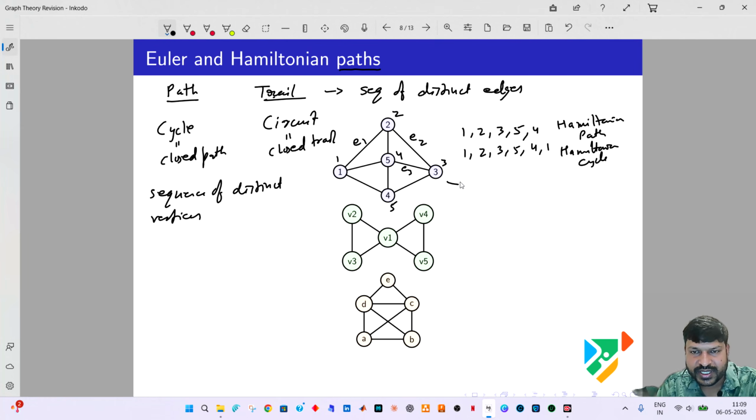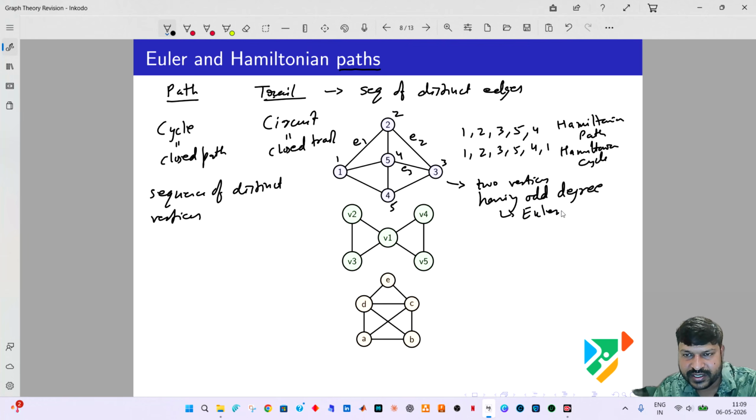If you remember in the lecture, we have discussed that an Eulerian trail is only possible when there are only two vertices having odd degree. Rest all the vertices must be even. This is the criteria for the existence of an Eulerian trail. So how many vertices do you have of odd degree?